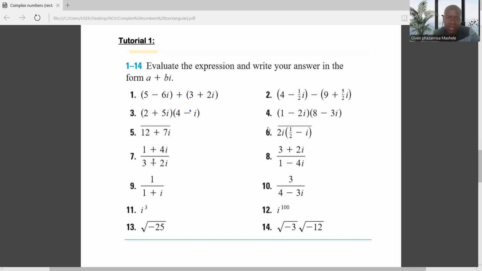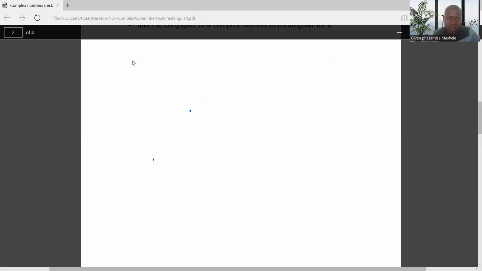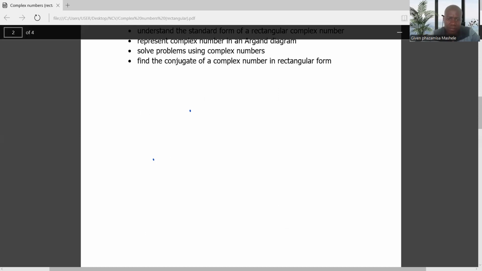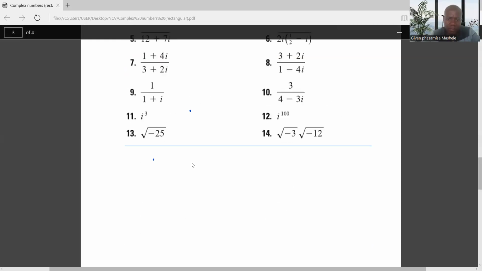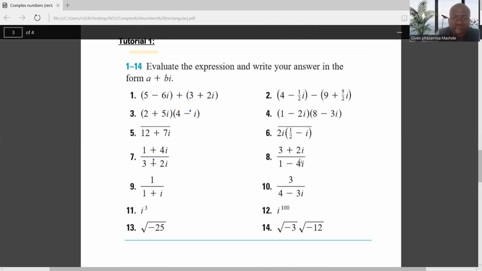Okay, right, the first one says, evaluate the expression and write your answer in the form of a plus bi. So it means we want them in rectangular form.